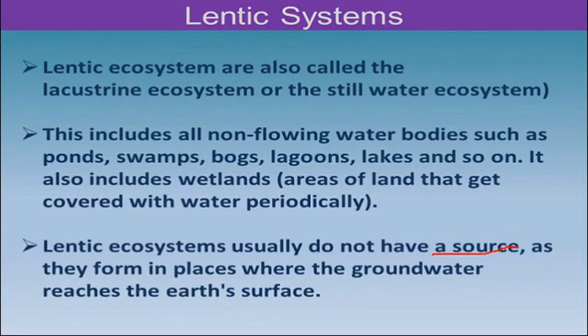So this is one of the specific characters of lentic ecosystems. Think about a pond. Do you find that pond water comes from some river? No, it is either from the groundwater or rainwater. So this is one of the features of lentic systems.